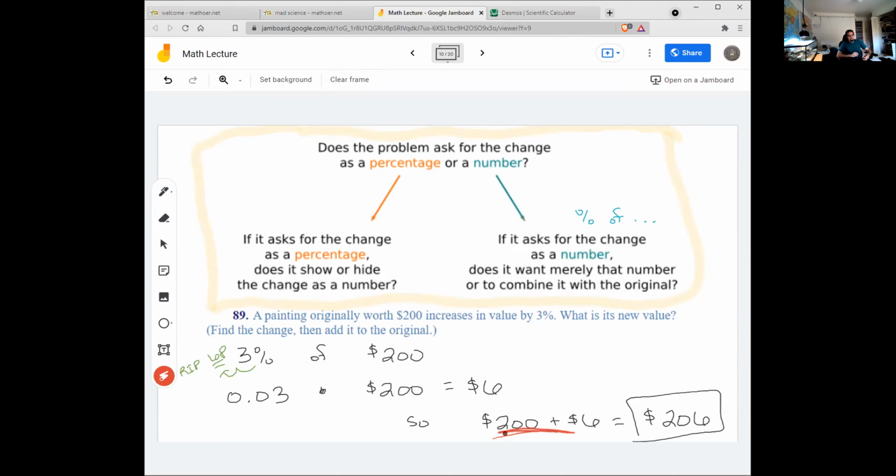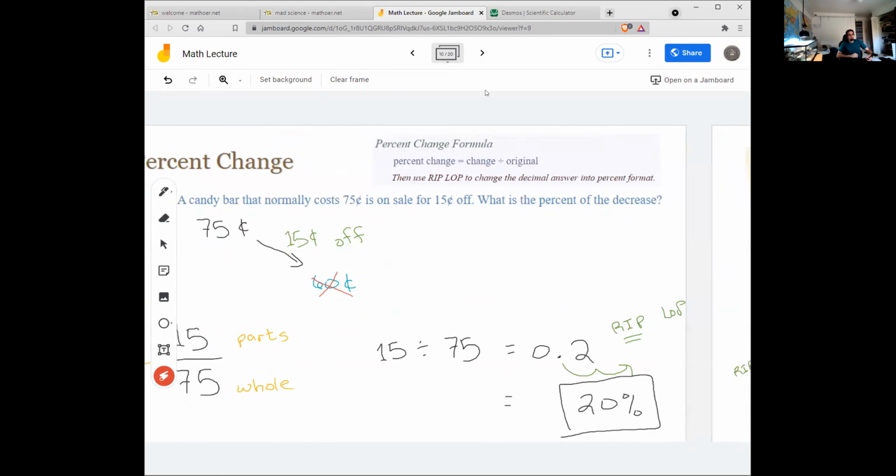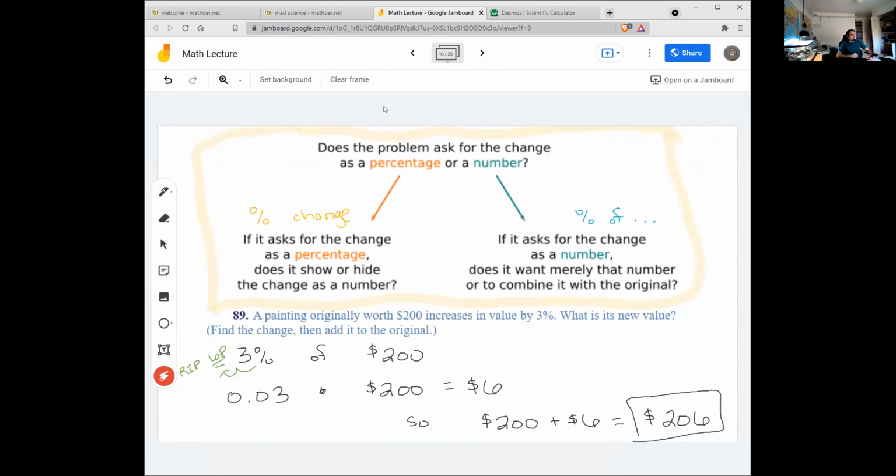Or do they want you to put it back with the original amount? And if it's a percent change, then do they give you the change to plug into the formula? Or do they give you only the old and new values and you have to subtract to find the change? Okay, that had terrible flow. I'm sorry, I'm not used to going at the faster than Math 20 pace, but I think we've got it.